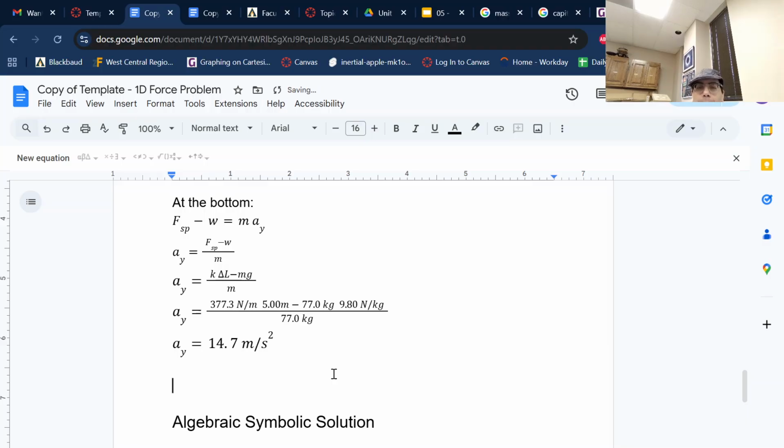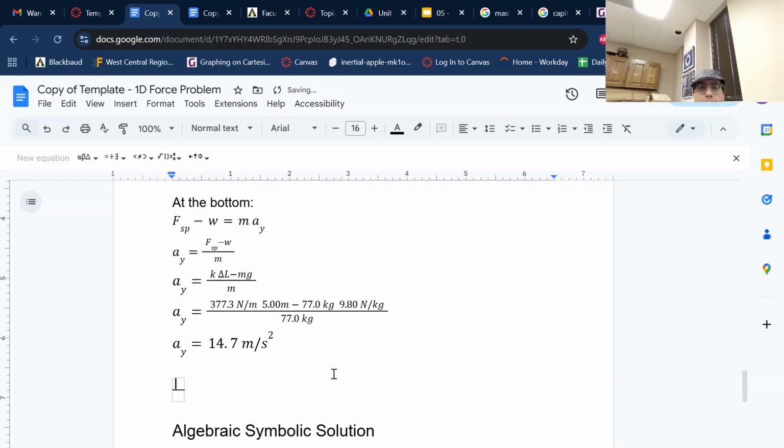I'll just write down here to show you how the units worked out. In the top we have just plain old newtons. If we had newtons per meter times meter, that gives you newtons. Newtons per kilogram times kilogram gives you newtons.